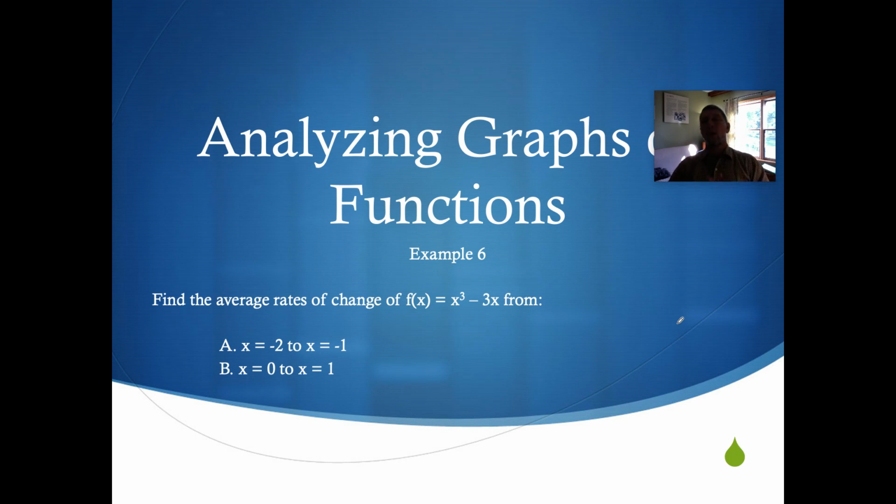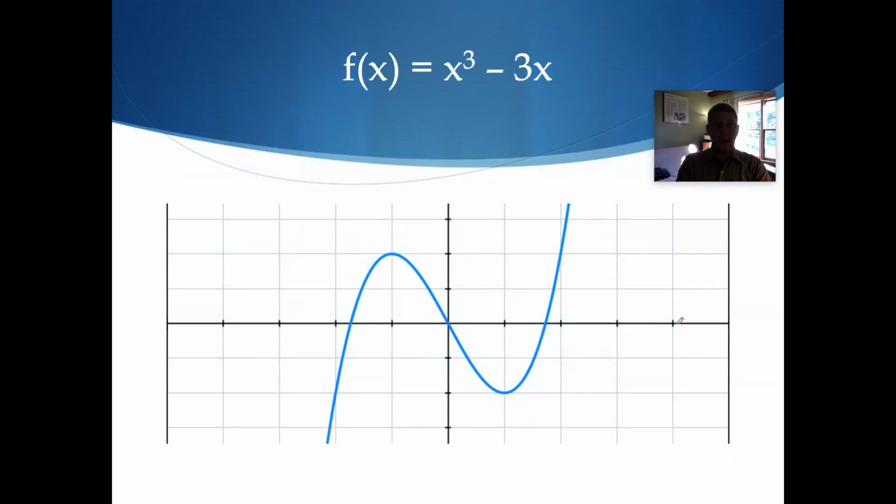Now we've already seen the graph of x cubed minus 3x in one of the earlier examples. We're not going to be worried about anything but finding out what the average rate of change is from x is negative 2 to x is negative 1, and from x is 0 to x is 1.